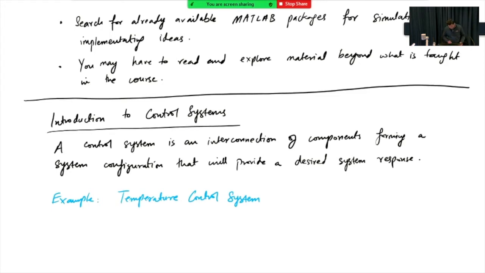Nowadays we have smart controllers like the Google Nest or things like that. So what happens is really you have a control system which has a certain response.